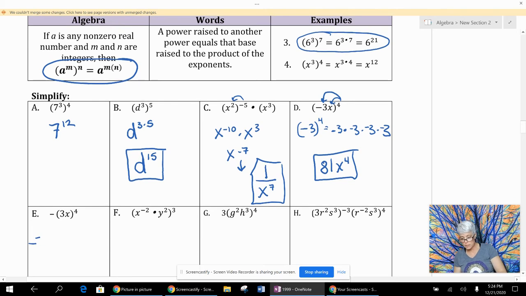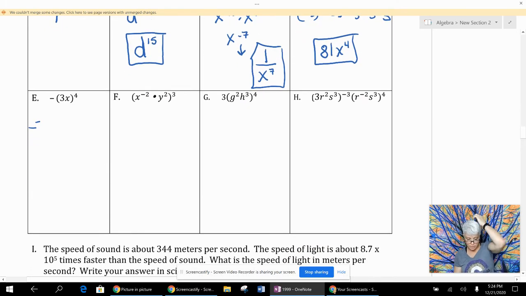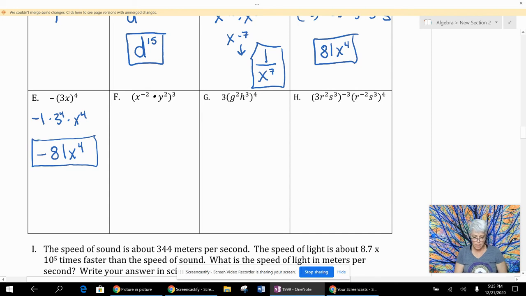Now watch this, because this is going to mess some of you up. The next one, the negative is on the outside. So this is different. This is like saying negative 1 times 3 to the power of 4 times x to the power of 4. So now it will be negative 81 x to the power of 4. Keep that in mind. It's different depending on if there are parentheses or not.